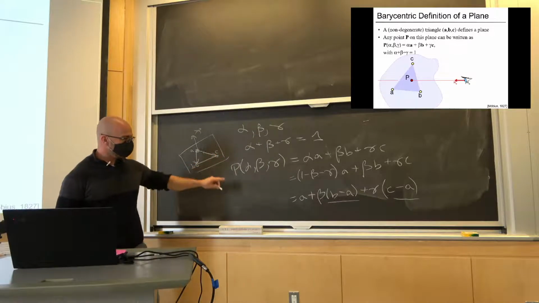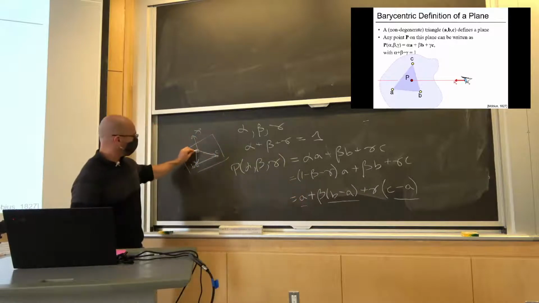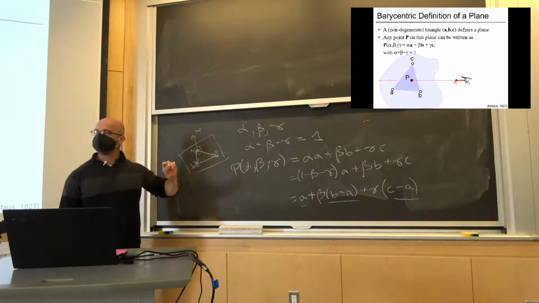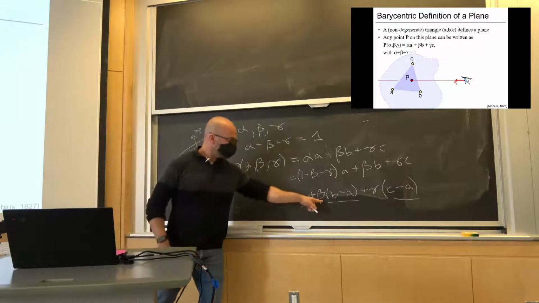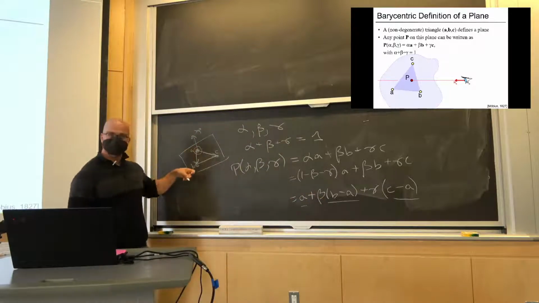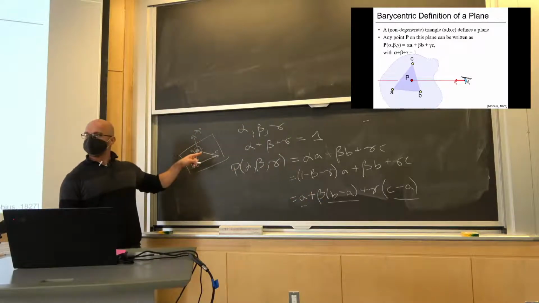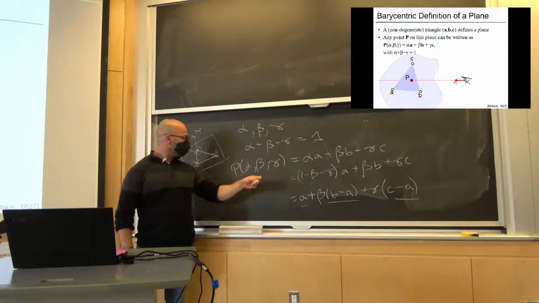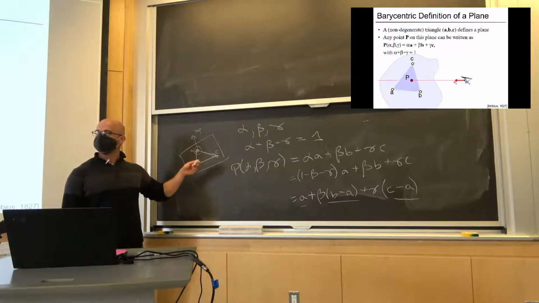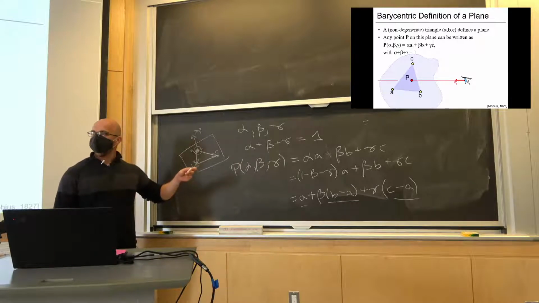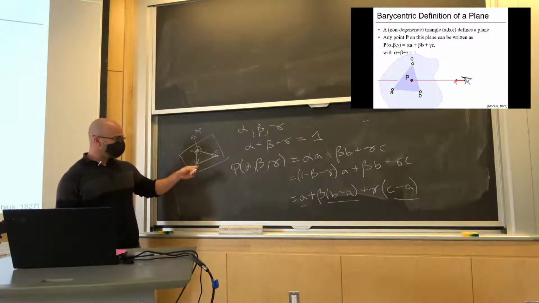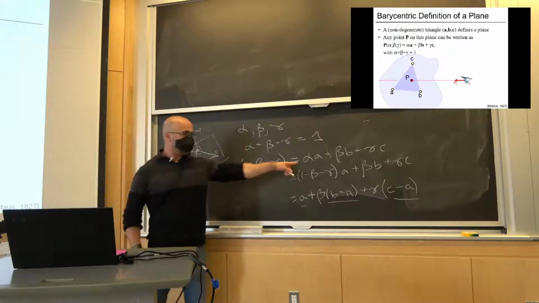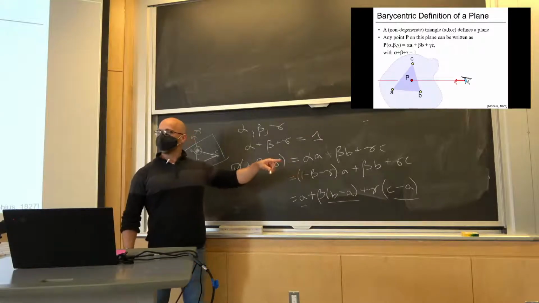My point P here is a point A, like a point in my plane here, plus some beta times the vector B minus A, plus some gamma times the vector C minus A. You see how we just converted from our barycentric formula to the previous one that was suggested earlier in lecture? So hopefully that convinces you that this thing is a point in our plane, yeah?